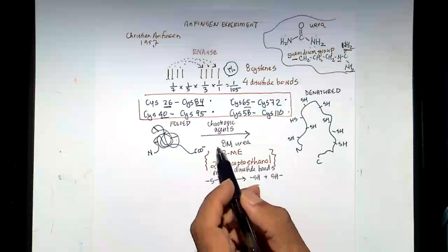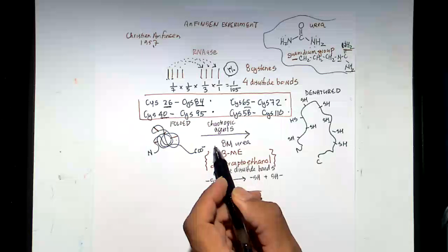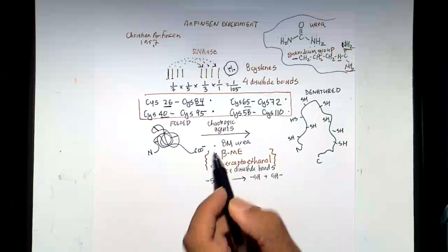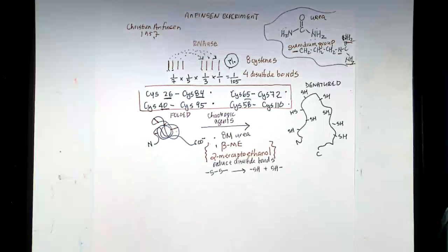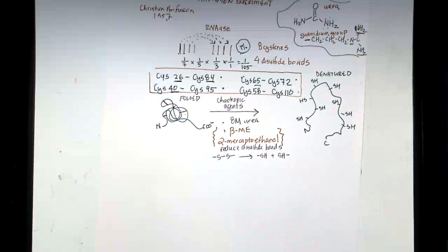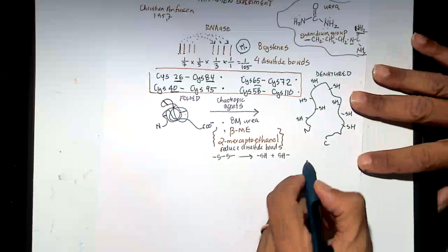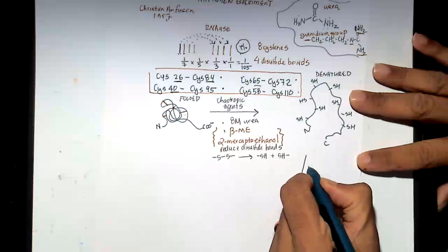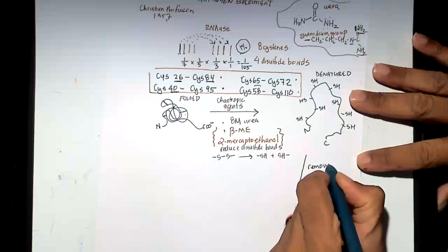He added a bunch of nasty chemicals, one of them being 8 molar urea, 8 molar. That's concentrated, okay? And this substance called beta-mercaptoethanol. Now the protein is all denatured. What he did next was he removed the BME, he removed the 2-mercaptoethanol.